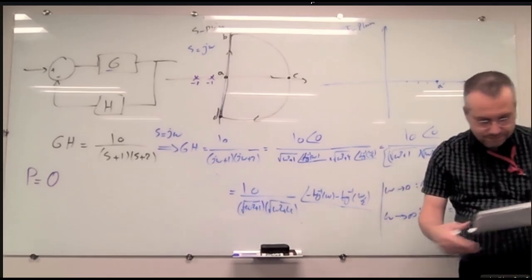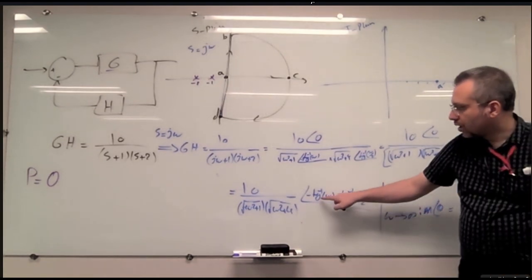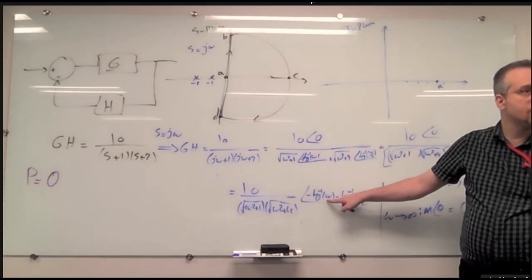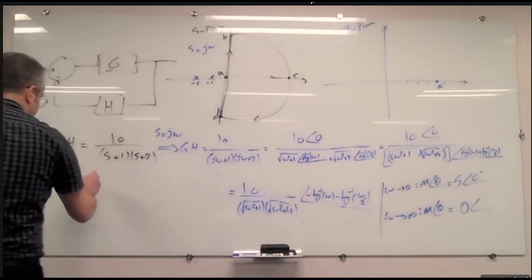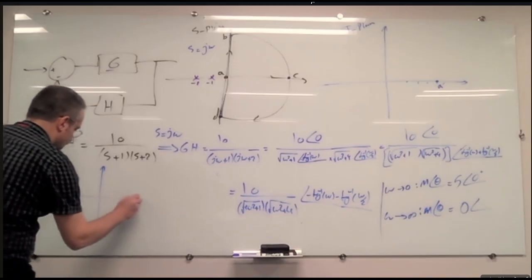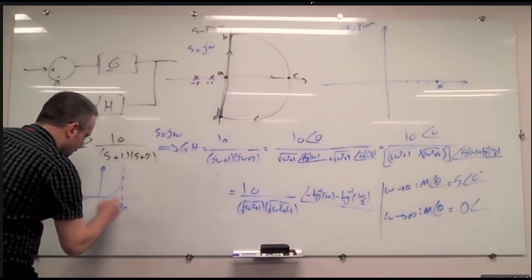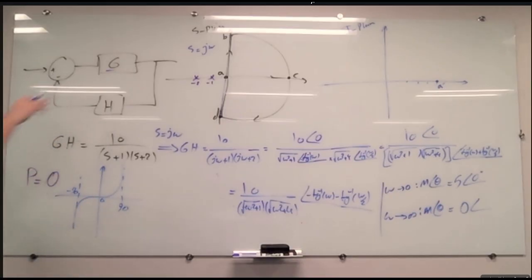What about the phase? The phase of tangent inverse of infinity is going to be 90. Are we good? This is the tangent function. This is 90, this is minus 90, and this is 0.